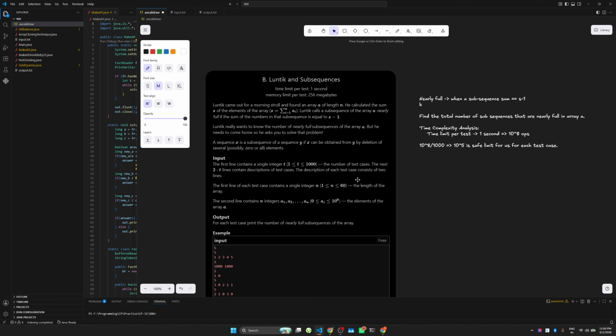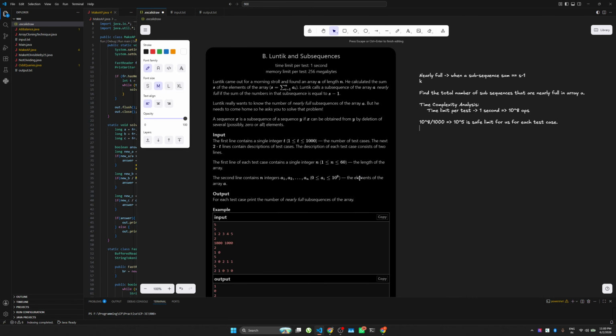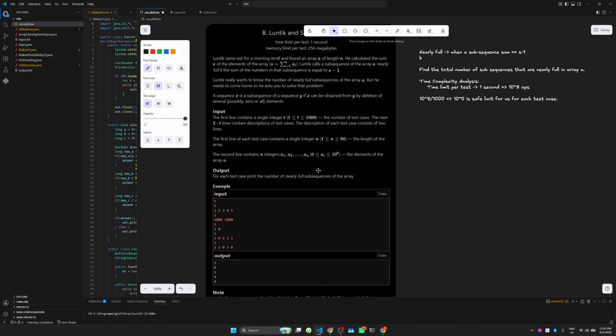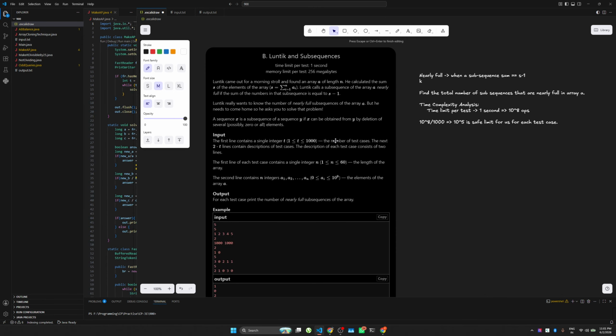The next two times t lines contain the description of test cases. The first line contains n, and then the next line contains the array, whose elements could go from 0 to 10 to the power 9. What do we need to do? We need to find the sum, right?